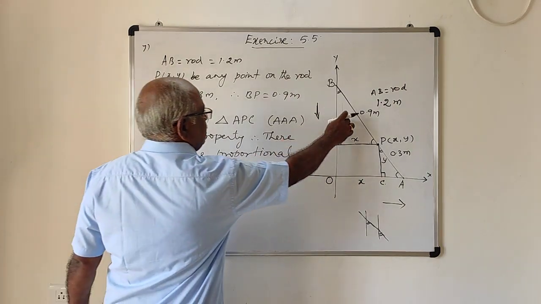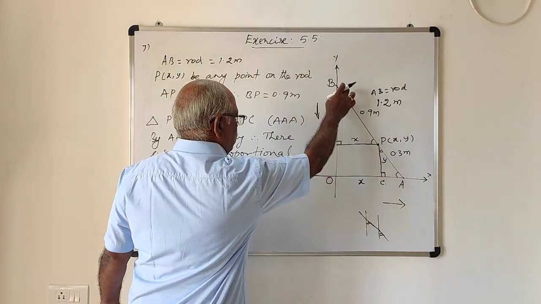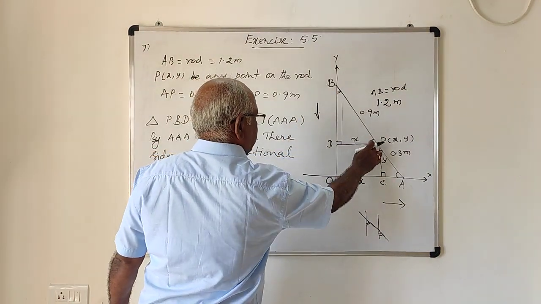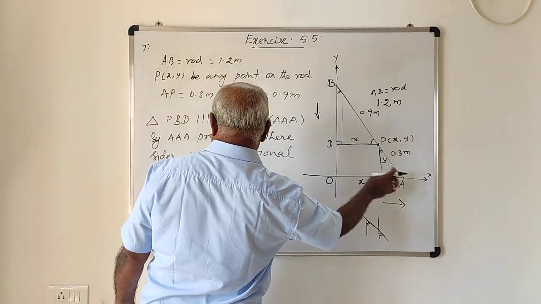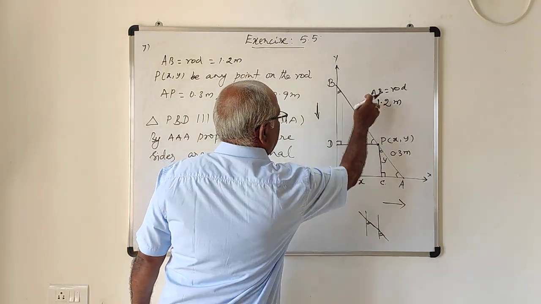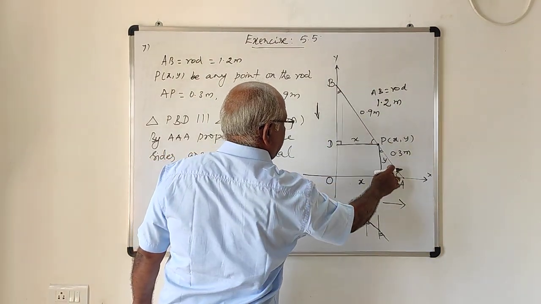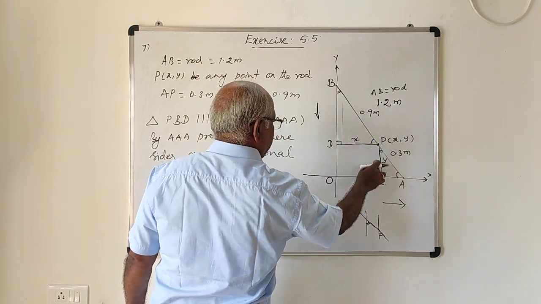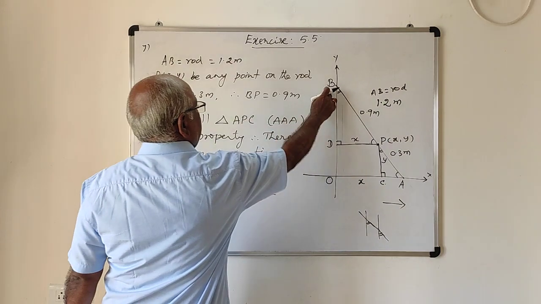So these two triangles are similar by AA property, therefore the sides are proportional. PD by CA equals the hypotenuse PB by the hypotenuse PC, and the other side BD by PC.